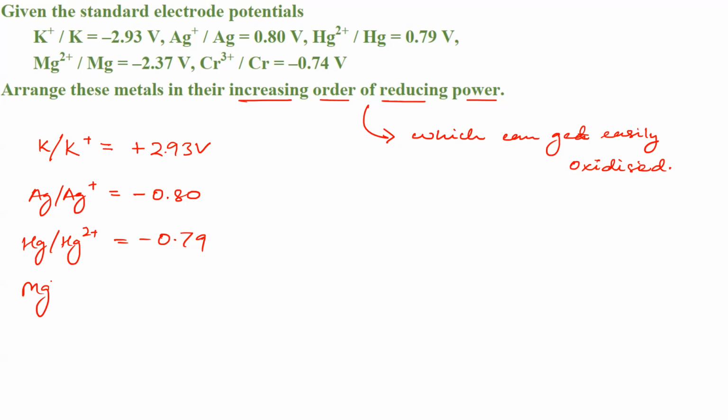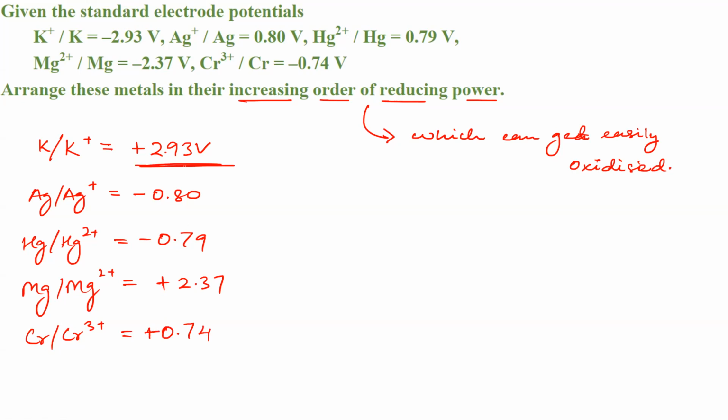And if I go from Mg to Mg2 plus, this was minus, so this will become plus 2.37. And if I go from Cr to Cr3 plus, then I will have 0.74. And these are all plus.